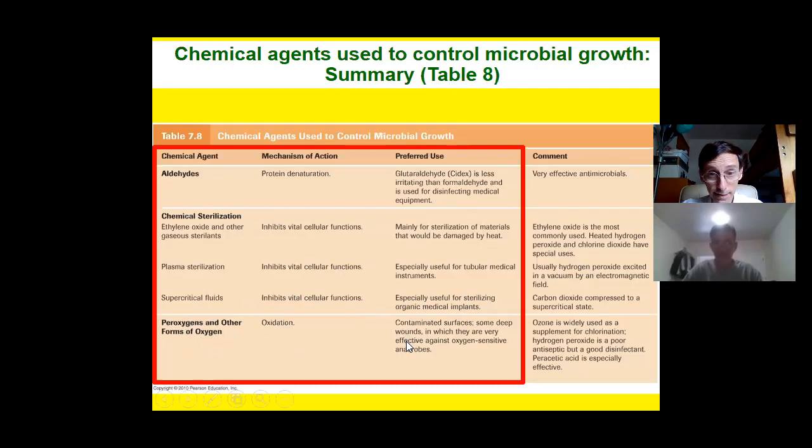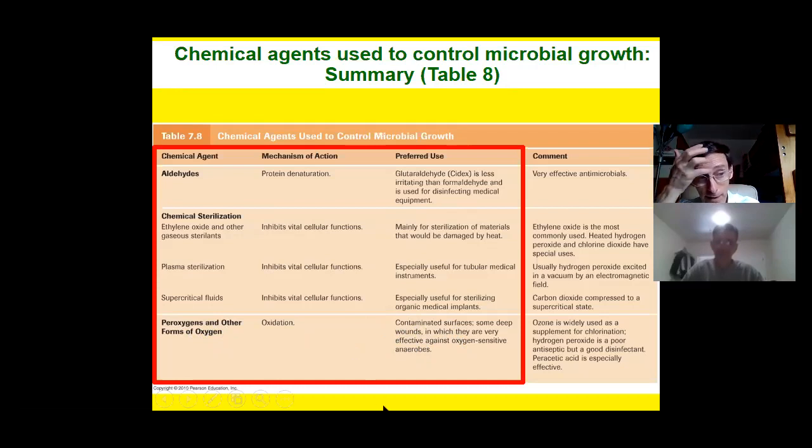You can put it in some deep wounds, and they're very effective because they work against oxygen-sensitive anaerobes, and this is about the only chemical agent that is effective on endospores. So the peroxygens, like hydrogen peroxide, do kill endospores. And like I said, it's about the only one.